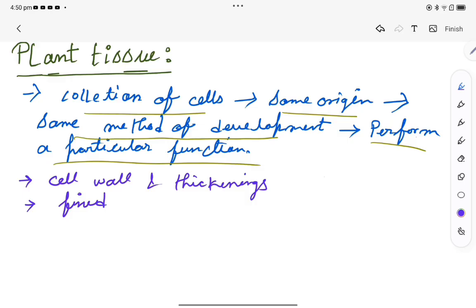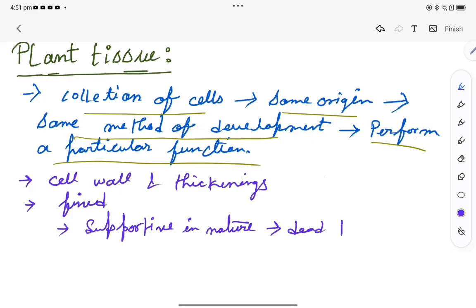That is why most plant tissues are supportive in nature, right? Supportive in nature. And the percentage of dead tissues is more in plants if we compare it with animals.